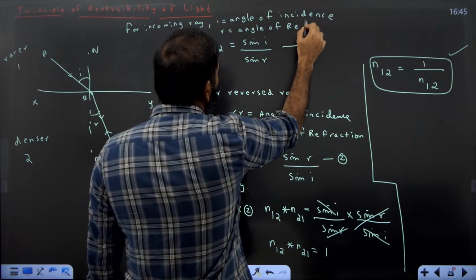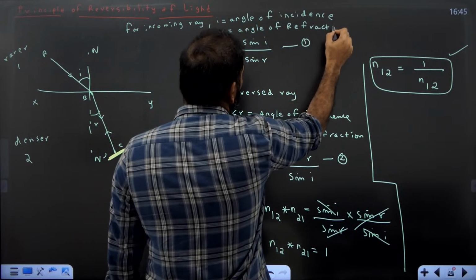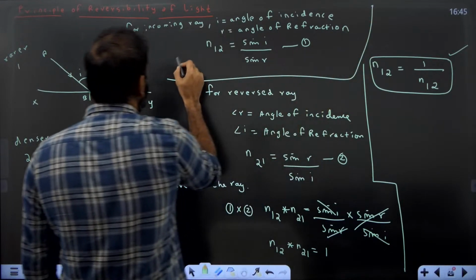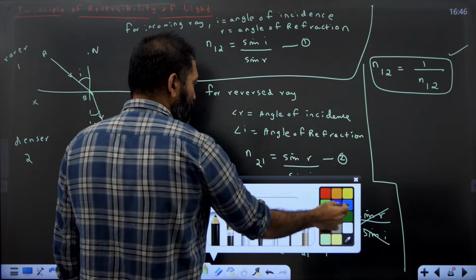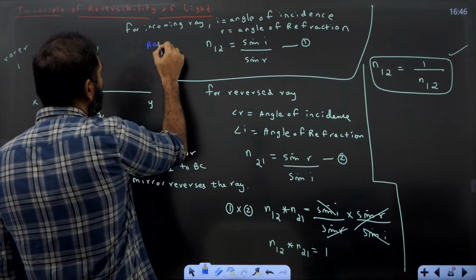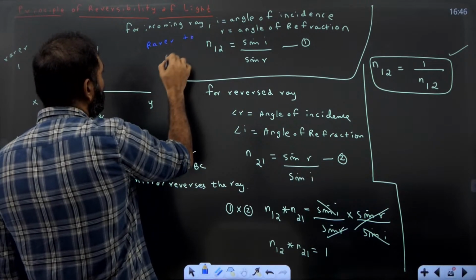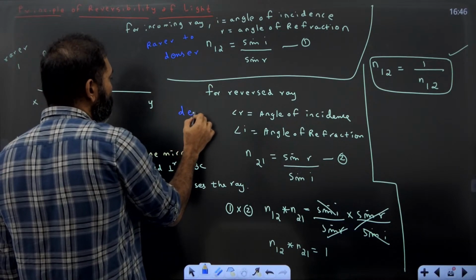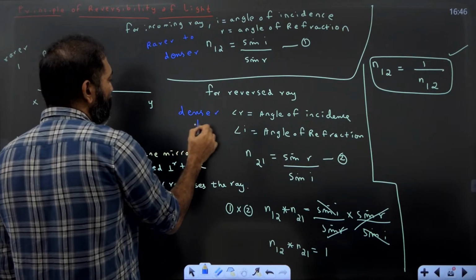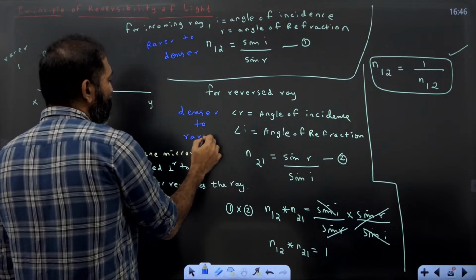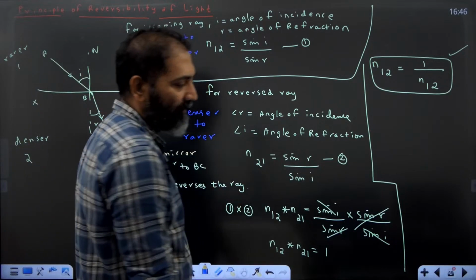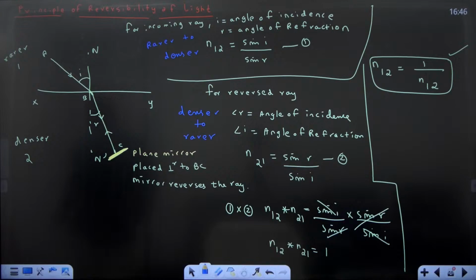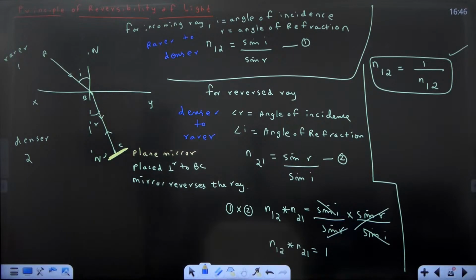That happens rarer to denser. For the reflected ray it happens denser to rarer. This is called the principle of reversibility of light. Any doubt?